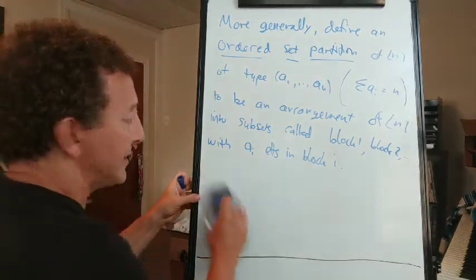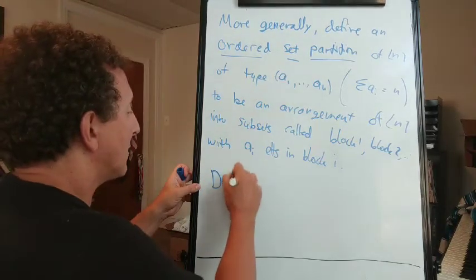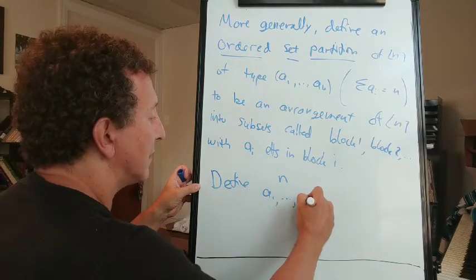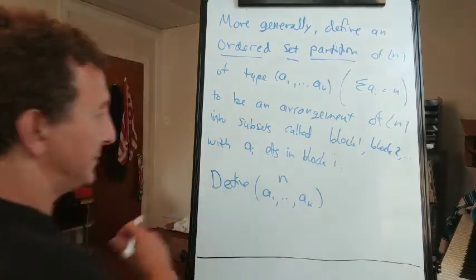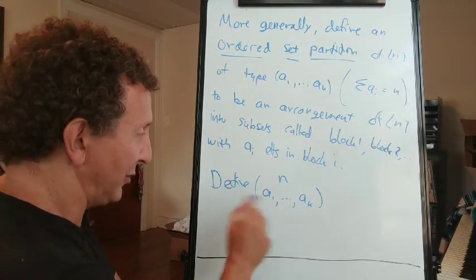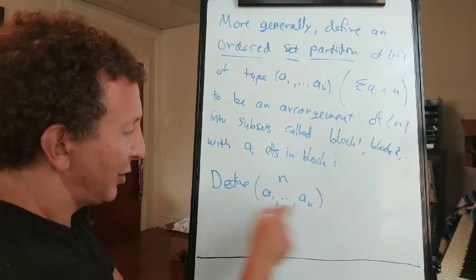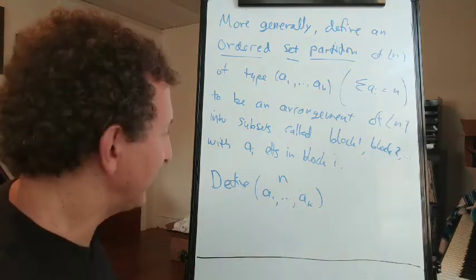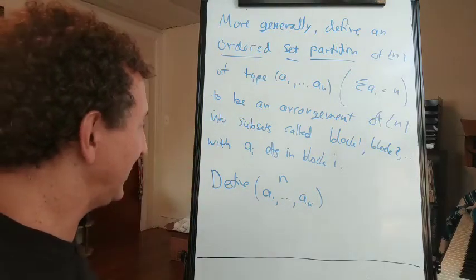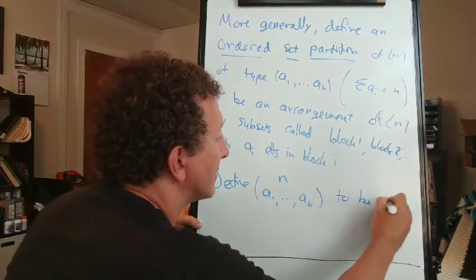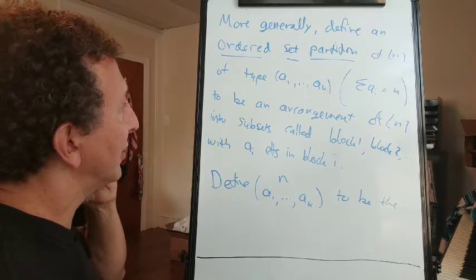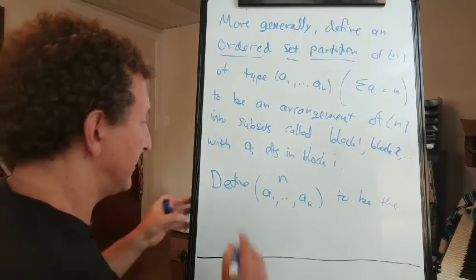And let's define something that looks like n choose k, except it's n choose a1, comma, a2, etc. up to ak. Nobody ever says this out loud, so I'm not sure how to pronounce it. We can say n choose a1, comma, a2, comma, dot, dot, dot, comma, ak. So let's define this to be the number of ordered set partitions of n of type a1 through ak.